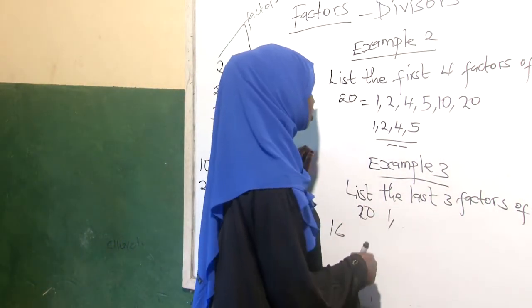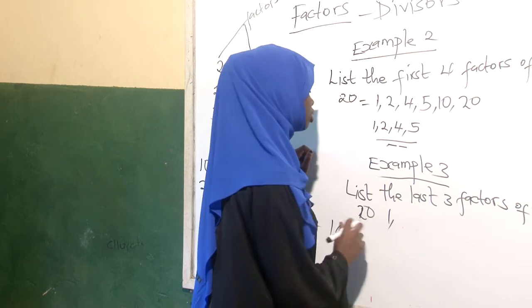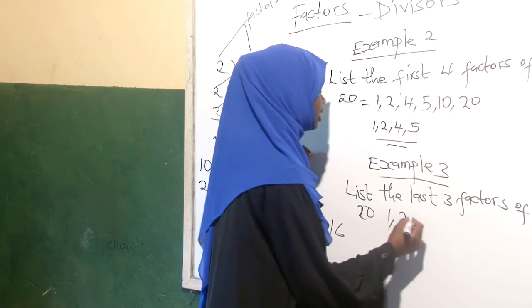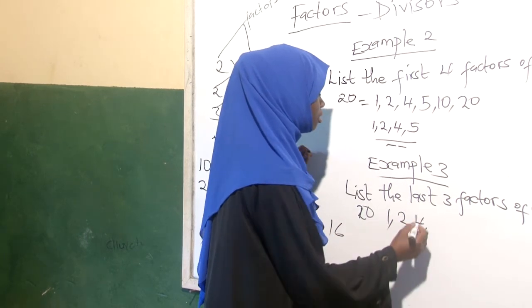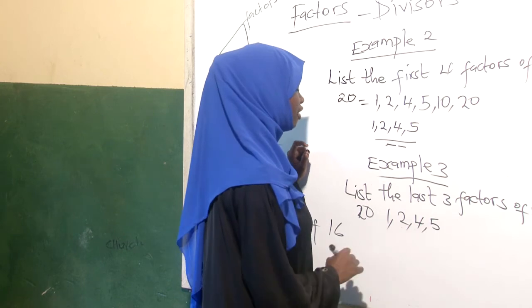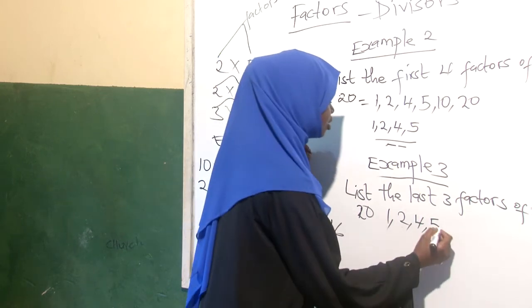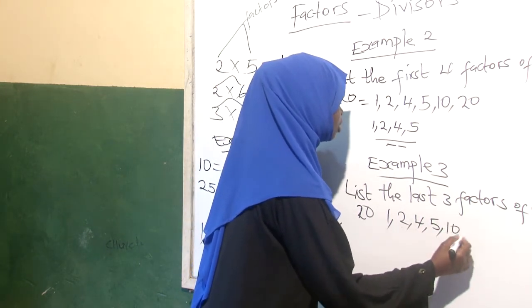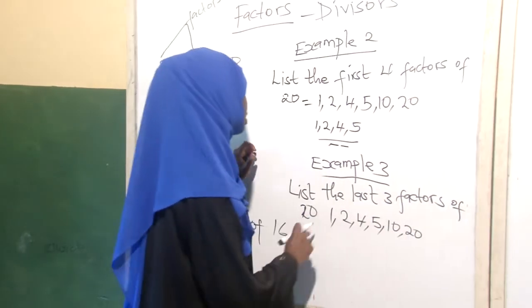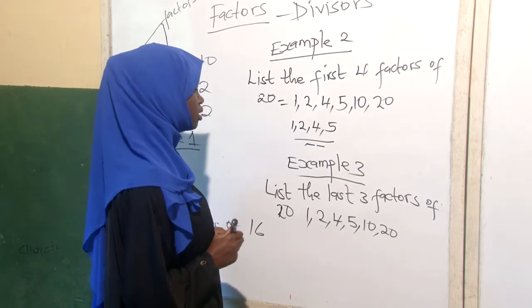So it will be 1, because 1 times 20 is 20, and then 2 times 10 we get 20, and then 4, because 4 times 5 we get 20, and then 5 times 4 we get 20, and then 10, because 10 times 2 will get 20, and then 20, because 20 times 1 will get 20.